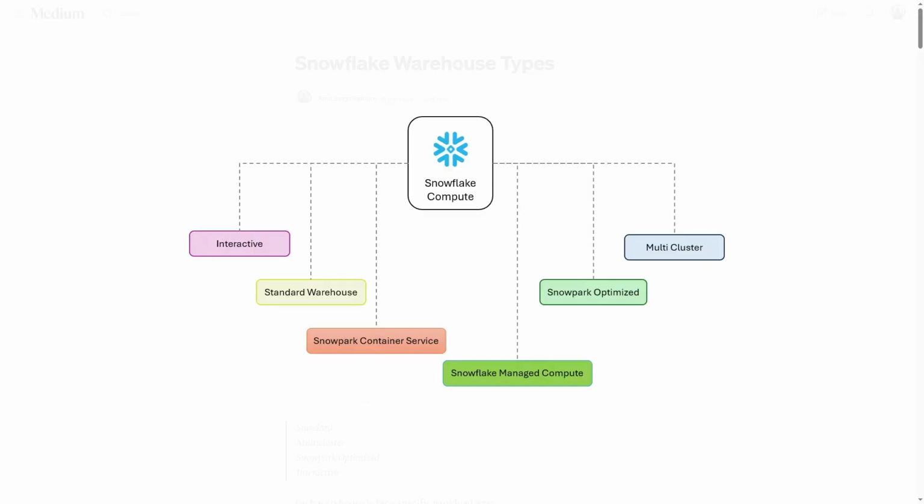Snowflake offers many ways for us to choose a compute, and a compute is something which we leverage or use to run any computation or any kind of data operations or data manipulation operations that we have.